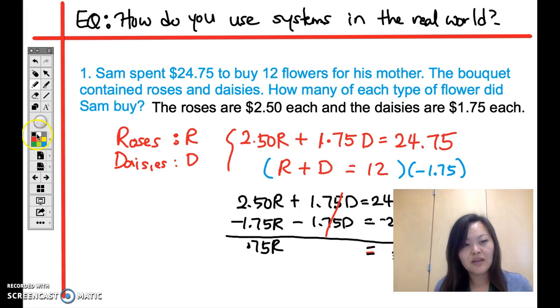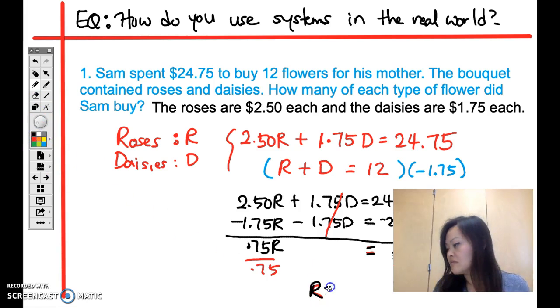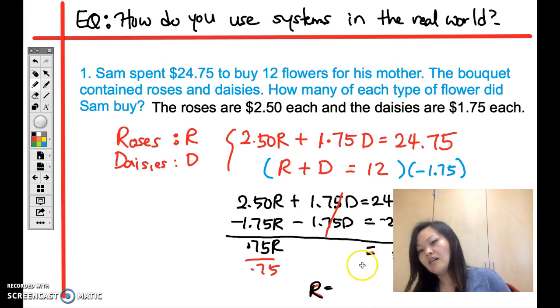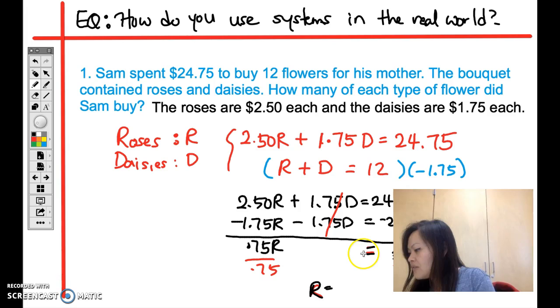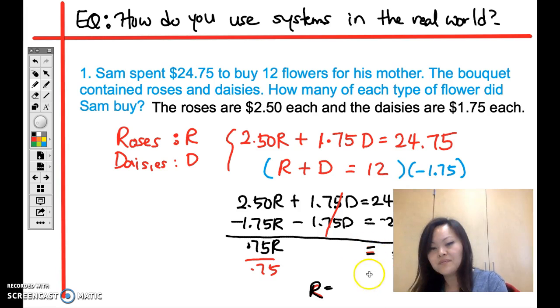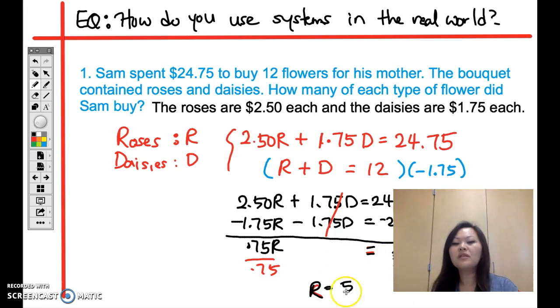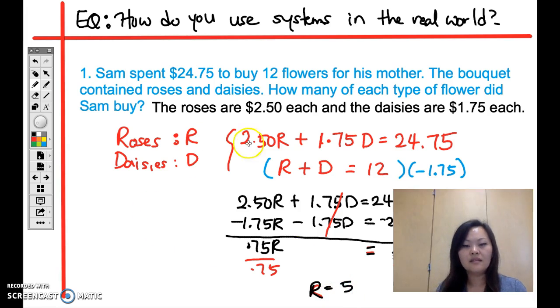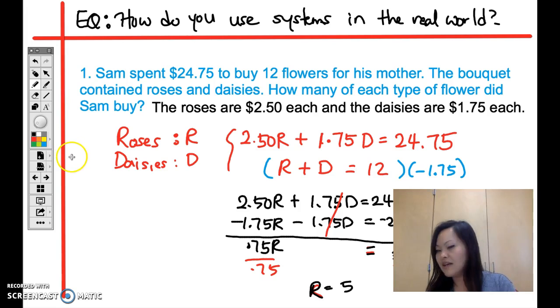So then now we know that we have to divide both sides by 0.75, right? Because we want to leave the R by itself. So then, what is R equal to? We know that R is now equal to 5, right? And then we plug in the R into the equation to get the D, right?